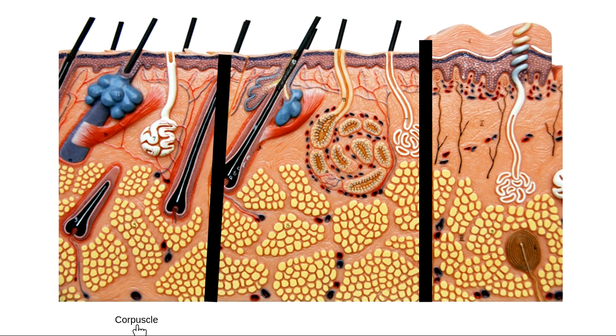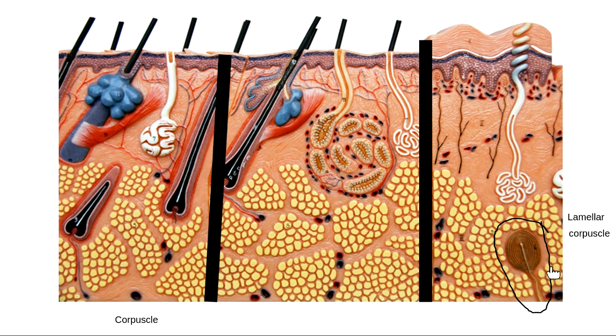The first kind of corpuscle that we will identify is called the lamellar corpuscle. Lamellar, or sometimes you'll see it called lamellated corpuscle. The lamellar corpuscle is this thing you see down here at the bottom of my thick skin.